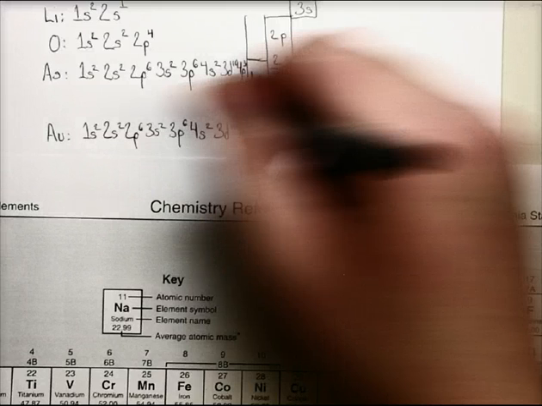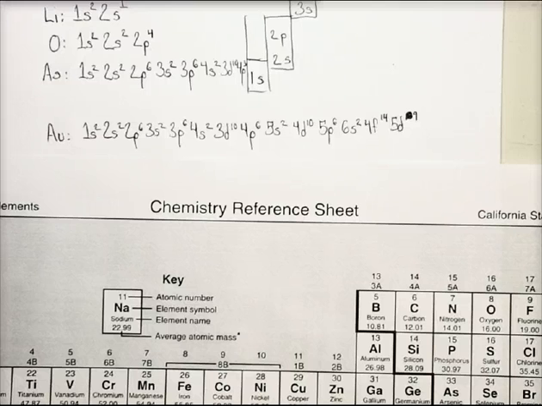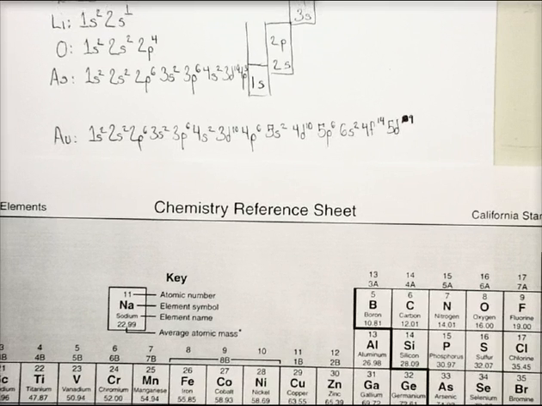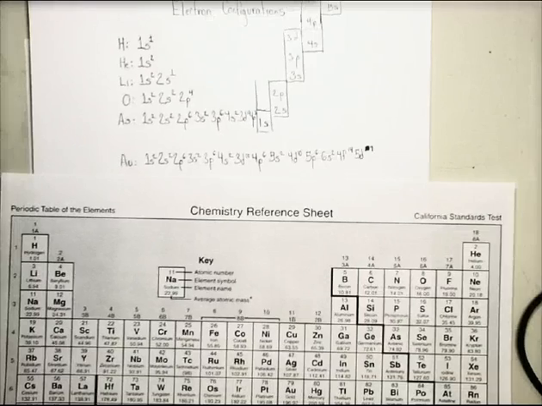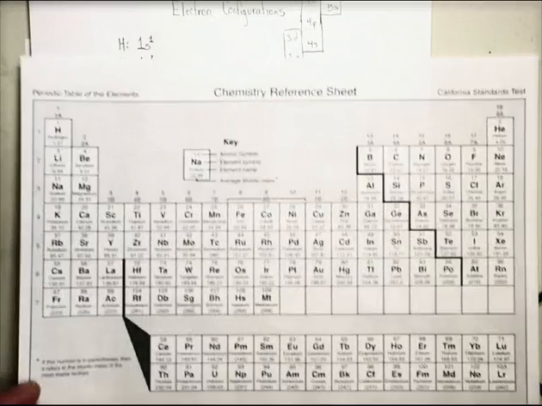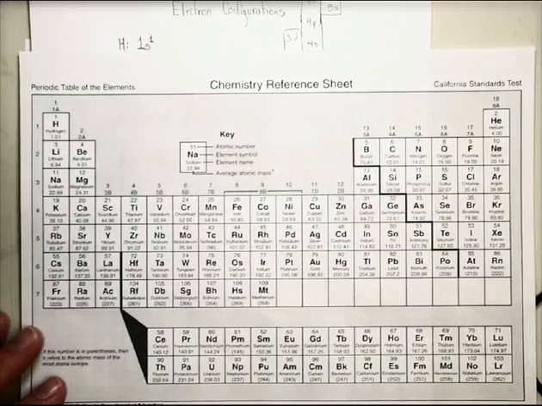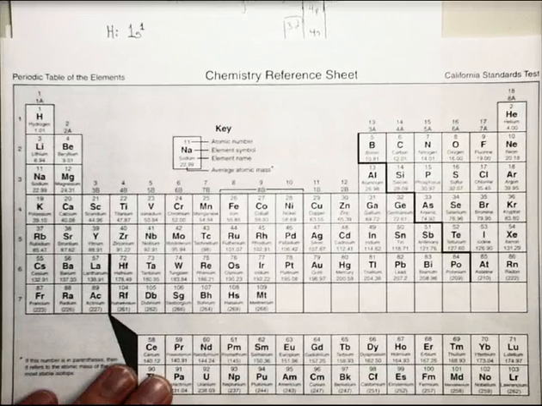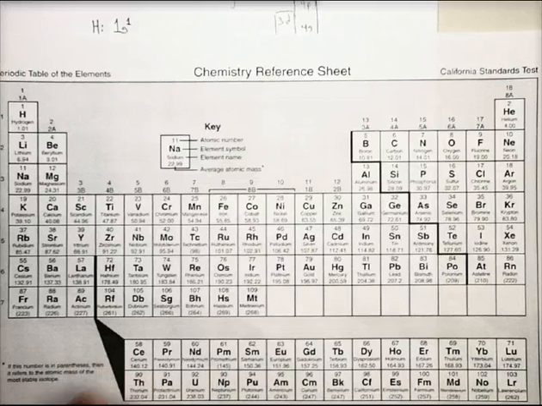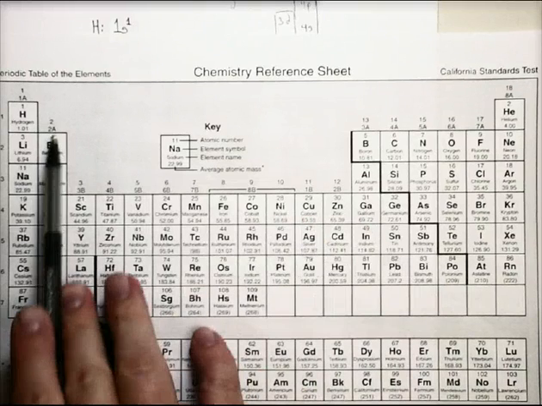Now, I promised you an easier way to look at this, and it would be shameful of me not to show you an easier way to do this, because you don't have to just straight up memorize these. The periodic table has done that for you, and it is quite nifty, for lack of a better term. Notice that in this column right here, this spot that's higher, there are 2, count them, 2 elements in each.